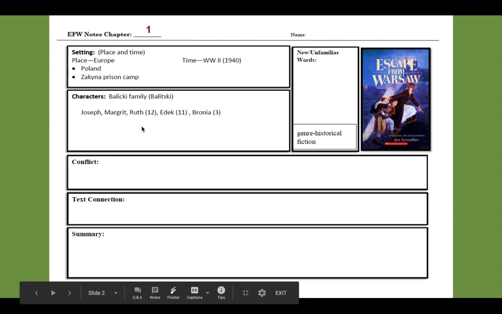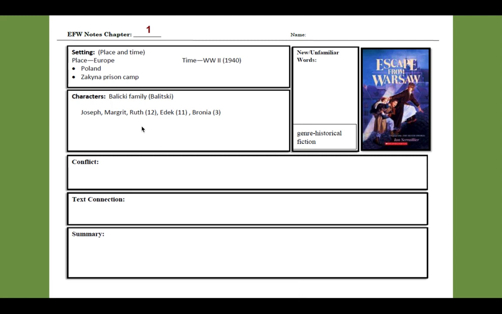All right, so the characters in this chapter, we are introduced to the Balicki family. And even though it looks like we would pronounce it Balicki, it's actually in Polish pronounced differently. Okay, so as I read, hopefully I'll remember to call them the Balicki family.